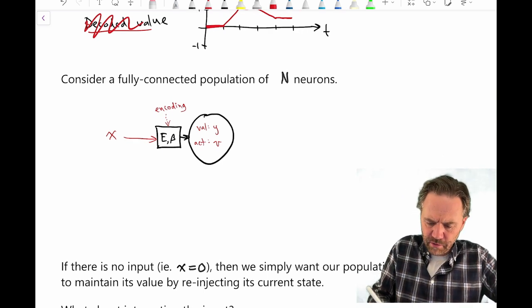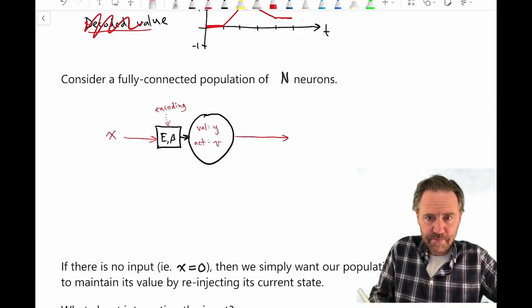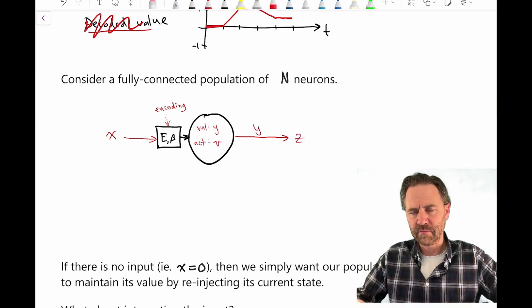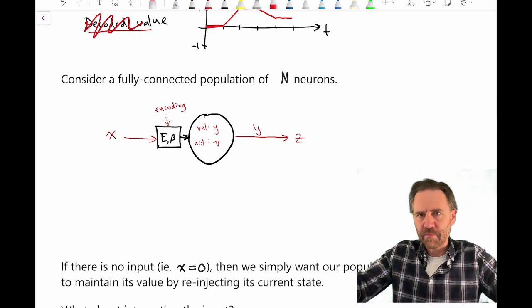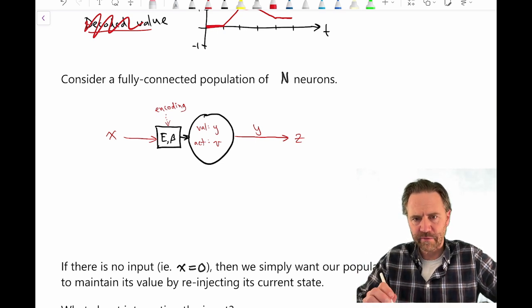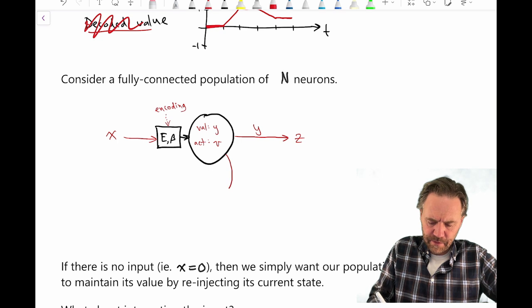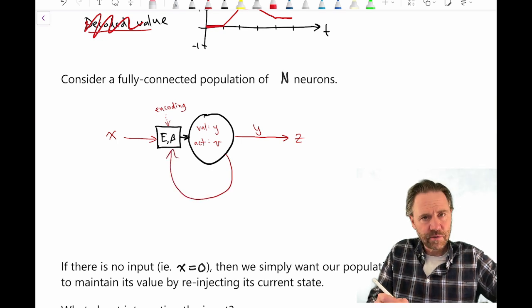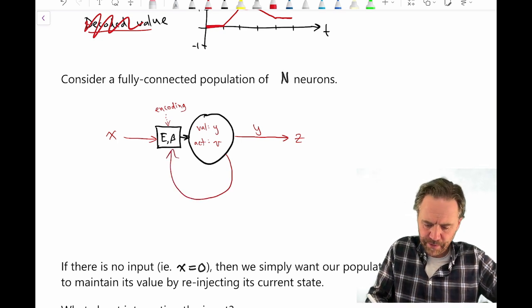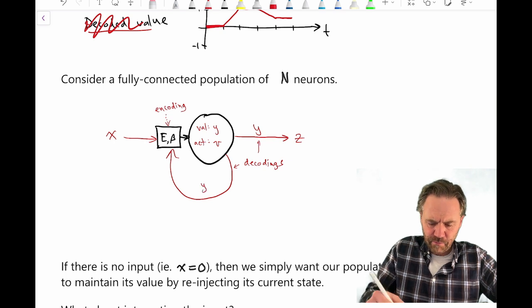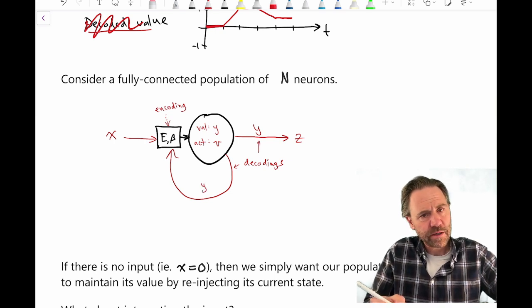Now, we could decode from that y, and even call it some variable z, and pass it down to some other population. But we can also take this and feed it back into itself. We can re-encode it. So we've got these decodings, this one here and this one here, and we can re-encode that back into the population.